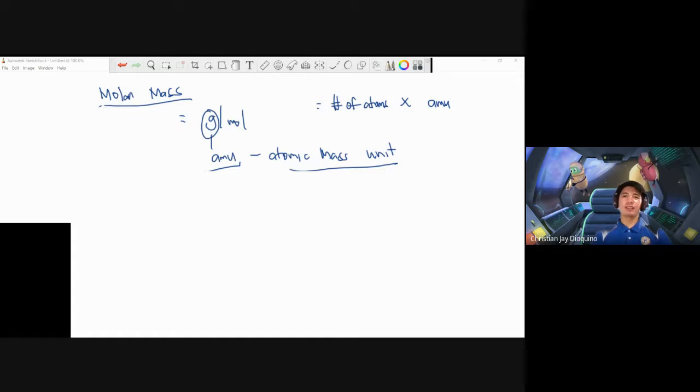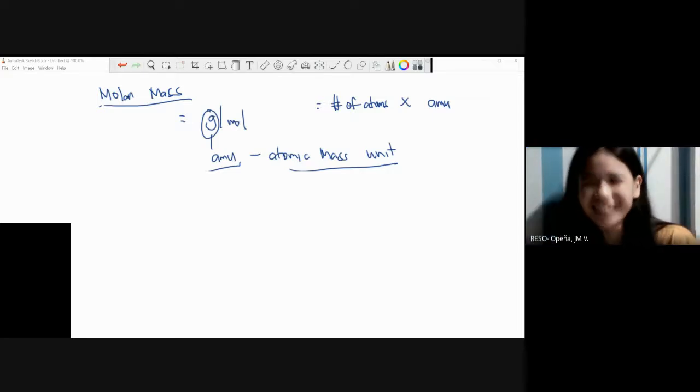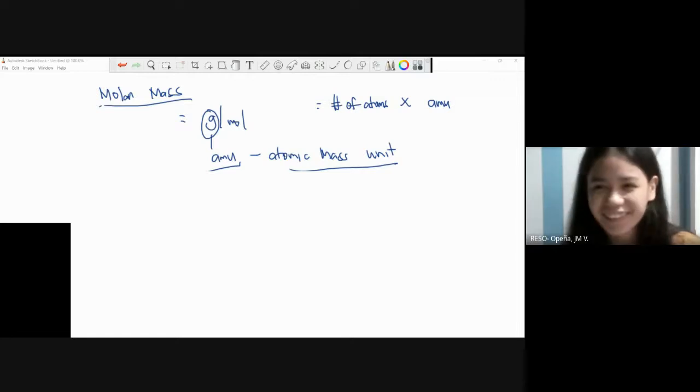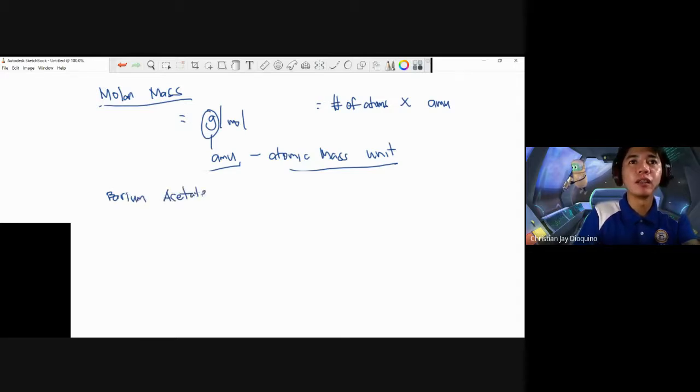Barium acetate. 1 minute. Sir, ang daya. Kapag ako laging may timer. Ano nga yung sinabi ko pa? Barium acetate.